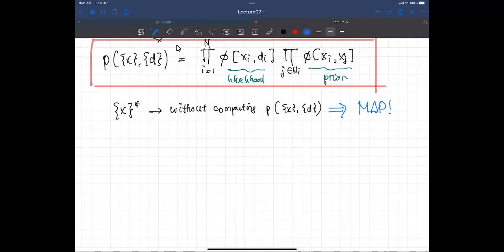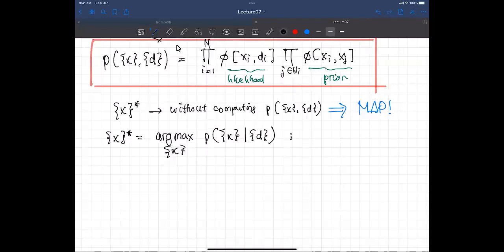So MAP is that we have X star equals maximizing the posteriori. Maximizing the posteriori means argmax with respect to X: we change the value of X and then find the posterior, which is P of X given T. This is called posteriori. The expression here is a bit different from the expression that we have.